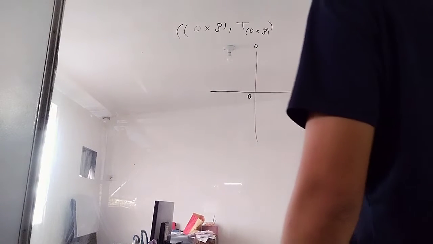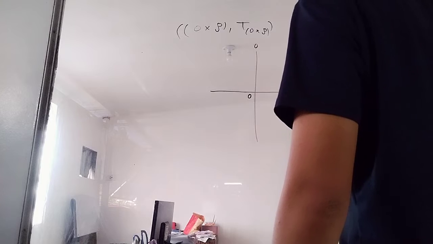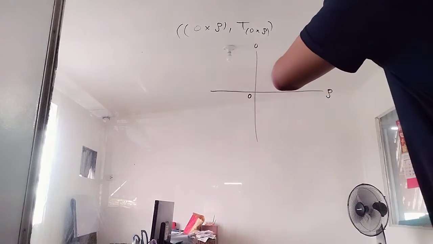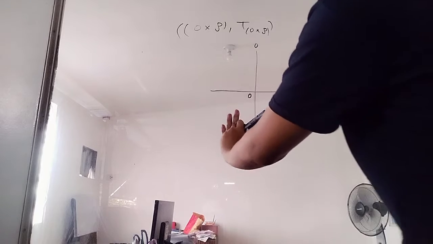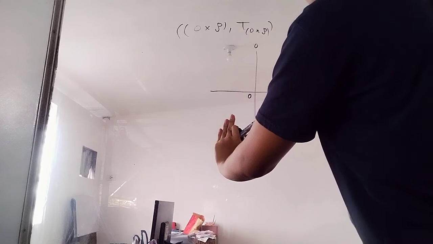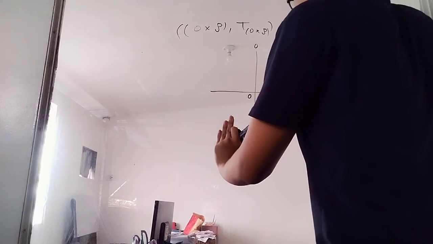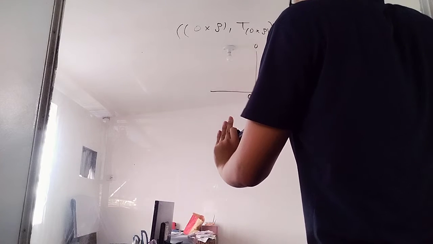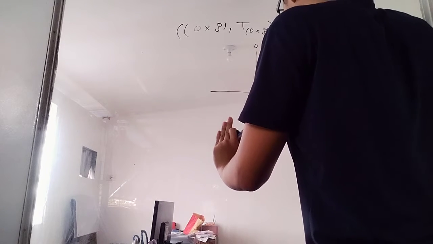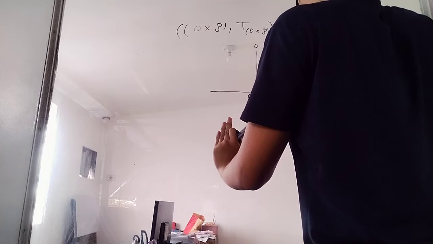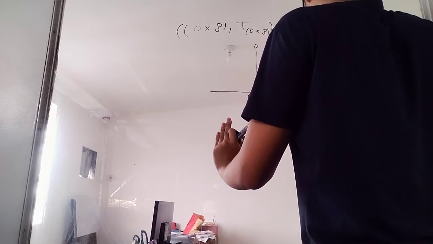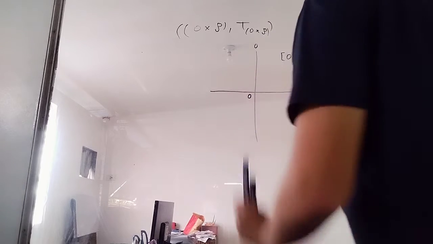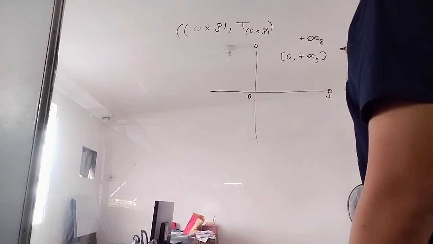So I'll define positive infinity P to be positive infinity in the P direction. And so I'll now say that the interval from 0, included, to positive infinity P, not included of course, is the interval of dominance.